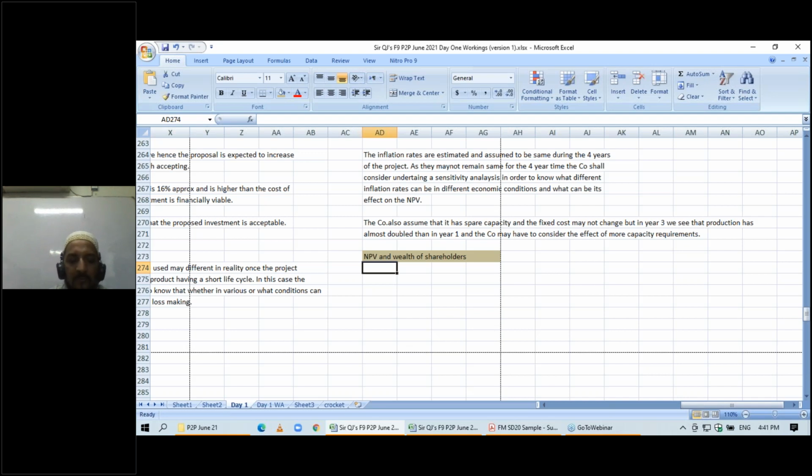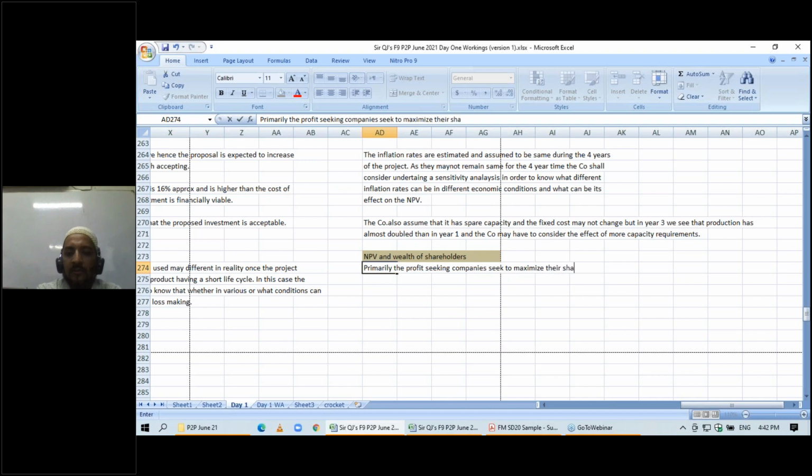So what happens is that primarily the profit seeking companies seek to maximize their shareholders' wealth through either increases in share prices, means capital gains, or through dividends.